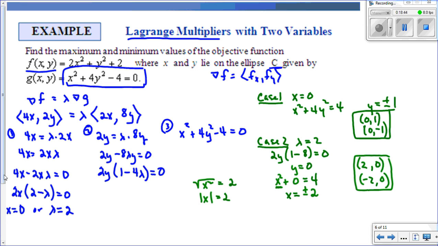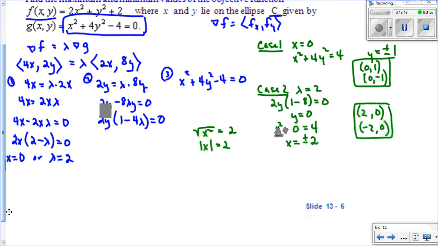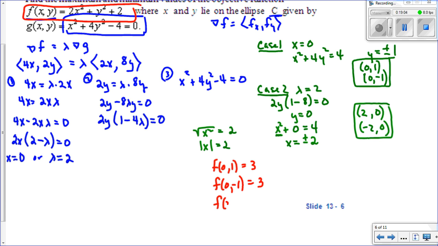So we're going to find the actual value of f. f of (0, 1), just evaluate up here with the point (0, 1), and you come up with 3. f of (0, negative 1) is also 3. f of (2, 0) will be 10, and f of (negative 2, 0) will be 10.